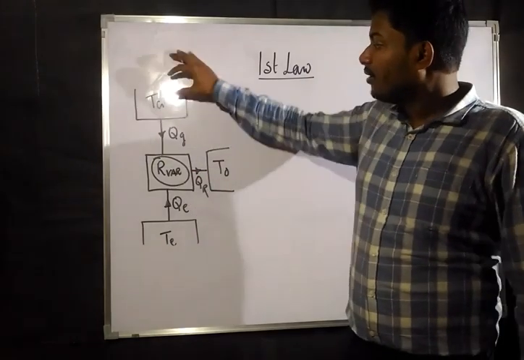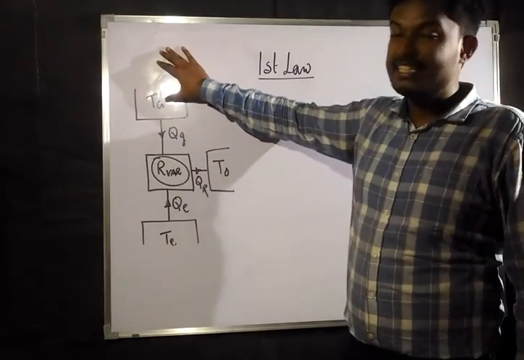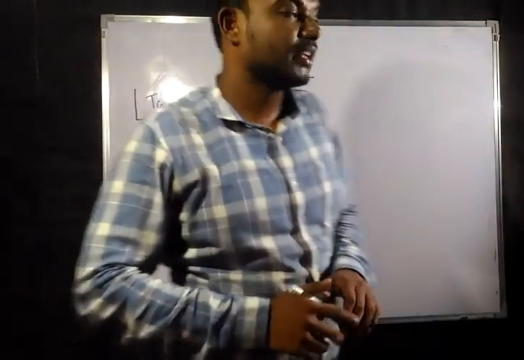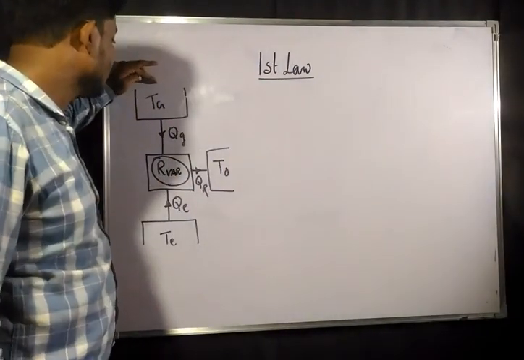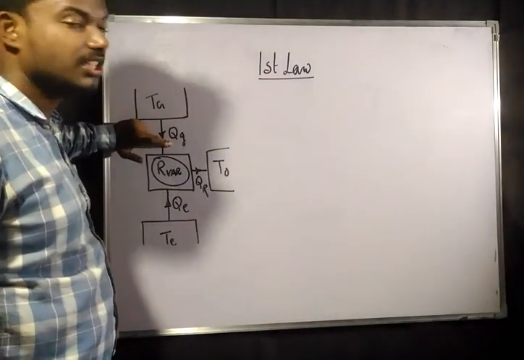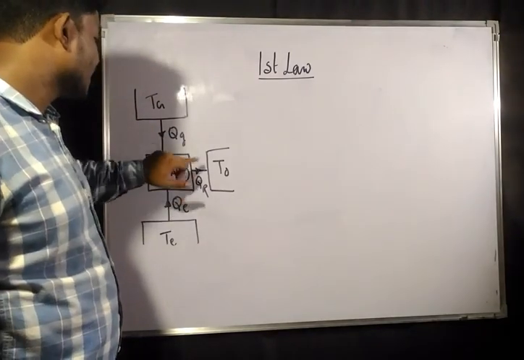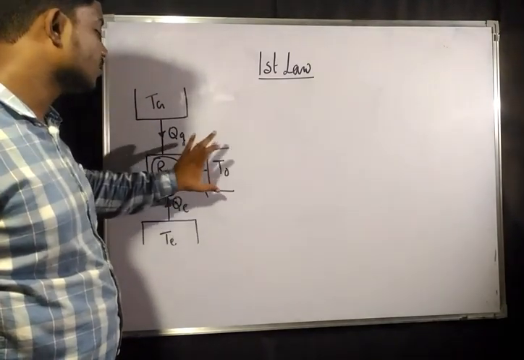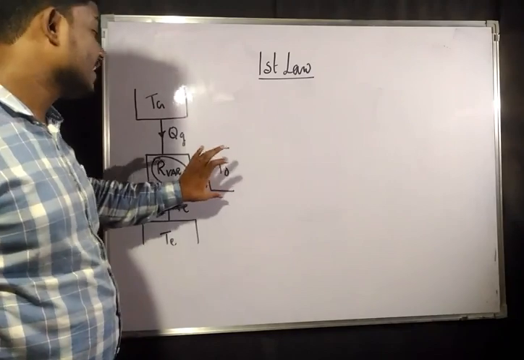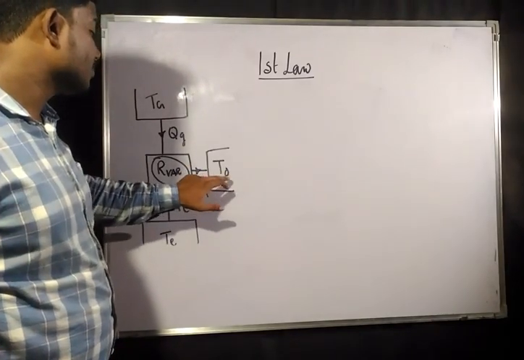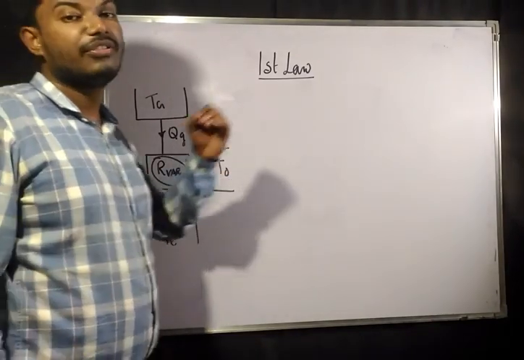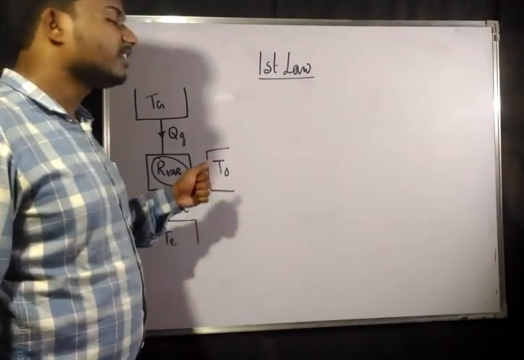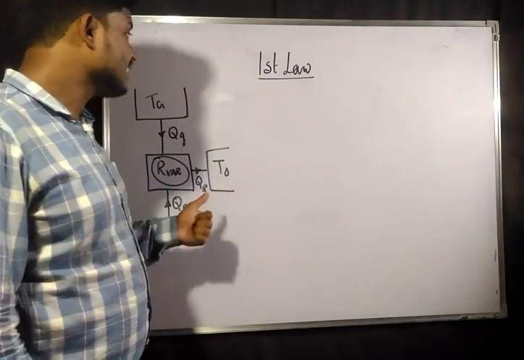Now TG is the generator temperature. From the generator temperature an amount QG is coming into the system, and the system is rejecting heat to the atmosphere. The atmospheric temperature is T0, and the amount of heat it gives to the atmosphere is the heat rejected.